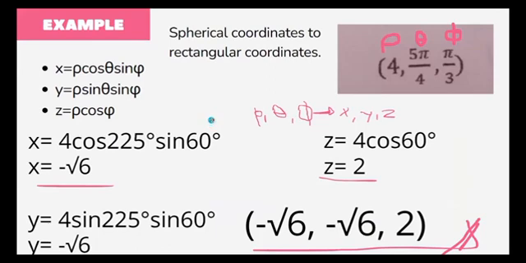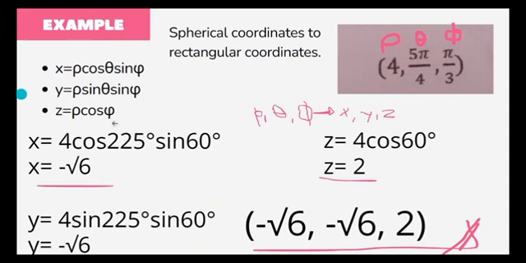And we have the second example, and we need to convert a spherical coordinate to a rectangular coordinate. The coordinates that we have are 4, 5/4 of pi and pi divided by 3.